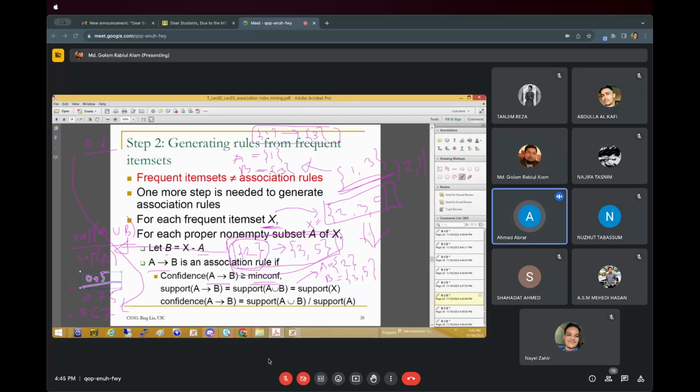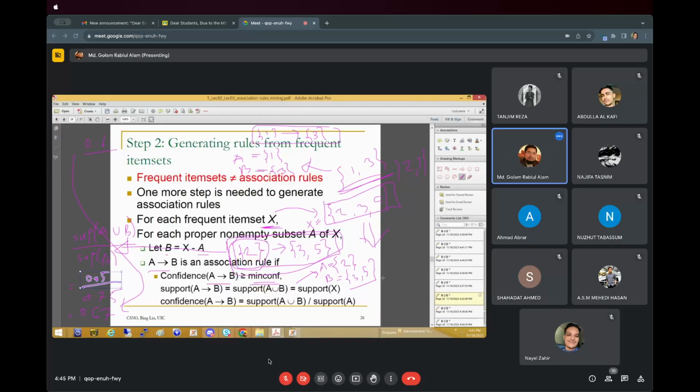So the order doesn't matter when we are coming up with A? No, the order doesn't matter in this case. So can it be 5 comma 3? The same thing. Yeah, it can be 5, then 3, but it will be the same.